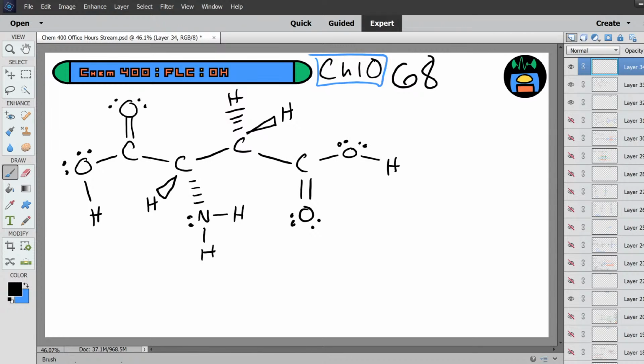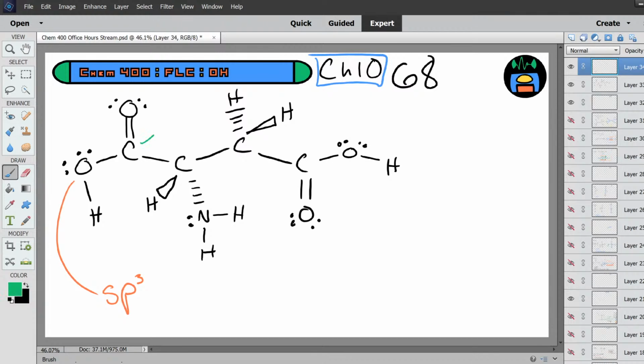All right. The number of electron groups around an atom determines the number of orbitals that are used in its hybridization scheme. So when you look, for example, at this oxygen, it has 2 atoms attached and 2 lone pairs. So those are 4 electron groups, which means it's sp3 hybridized.